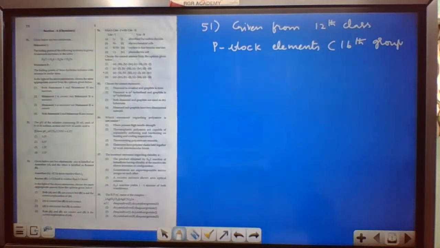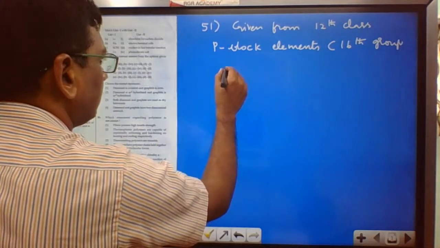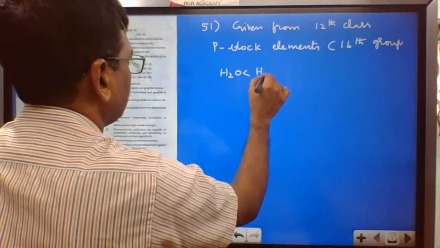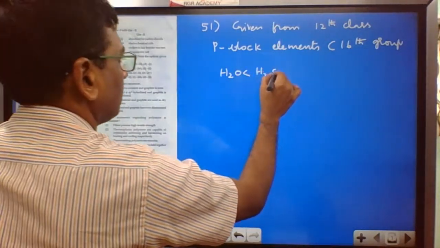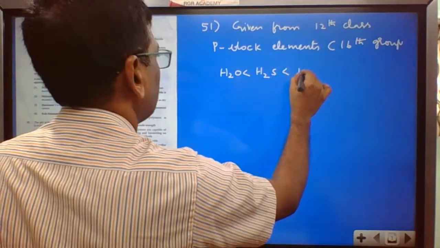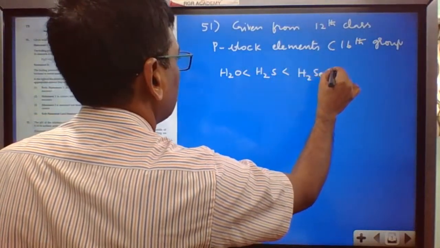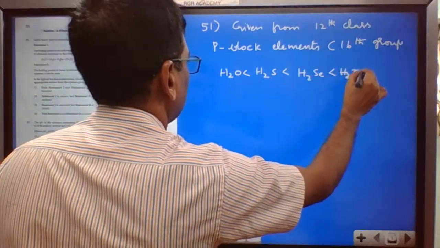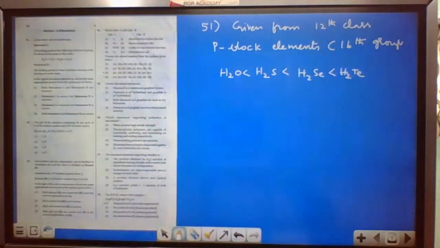The boiling point of the following hydrides of group 16 elements increases in the order. They gave the order H2O less than H2S less than H2Se less than H2Te.